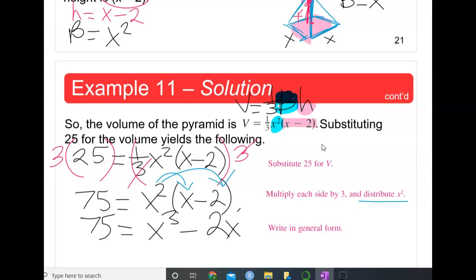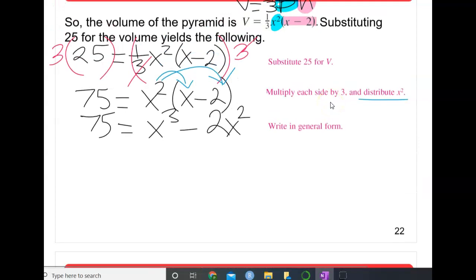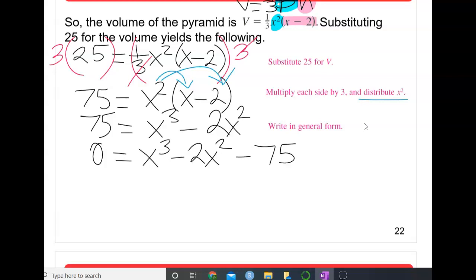minus 2x squared. And now what we're going to do is take that 75 and write it in general form. So we're going to set this side equal to 0, and we will have x cubed minus 2x squared minus 75.